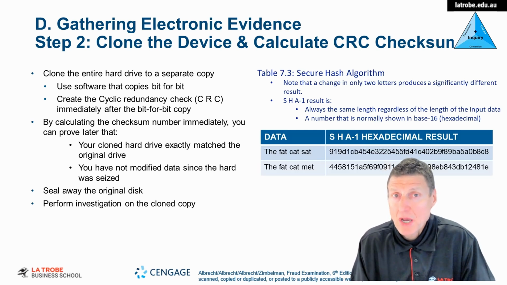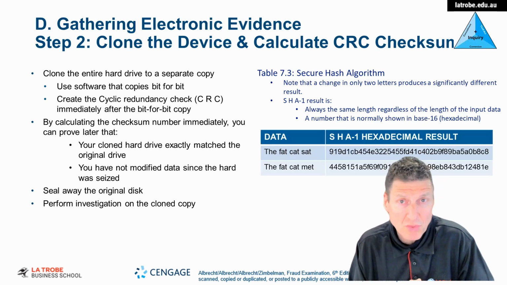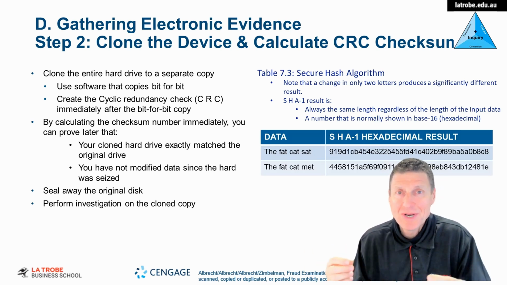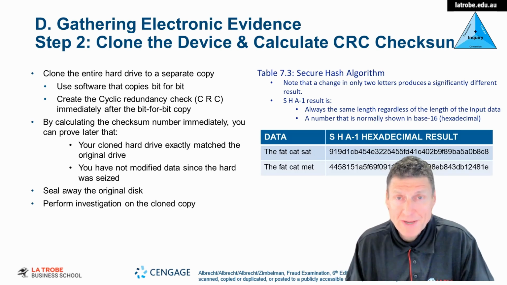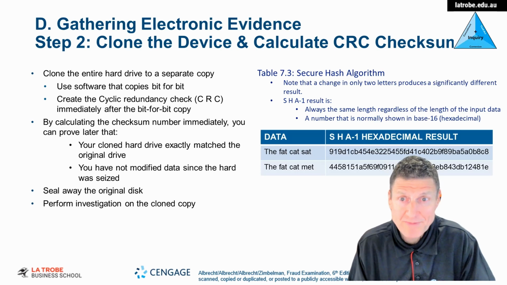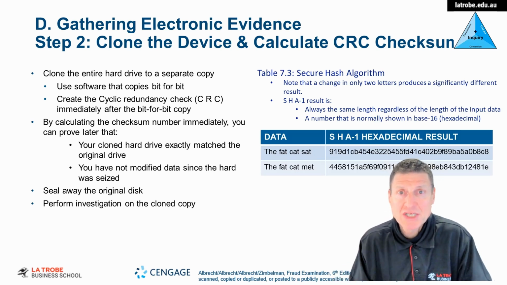One little thing I want to bring to your attention that is associated with something that you all know about, and that is cryptocurrency, the Bitcoin, and the whole notion of blockchain, which is the foundation of Bitcoin and cryptocurrencies. And the cryptography behind cryptocurrencies is the same as the cryptography behind the CRC checksum, and that is a hash algorithm.